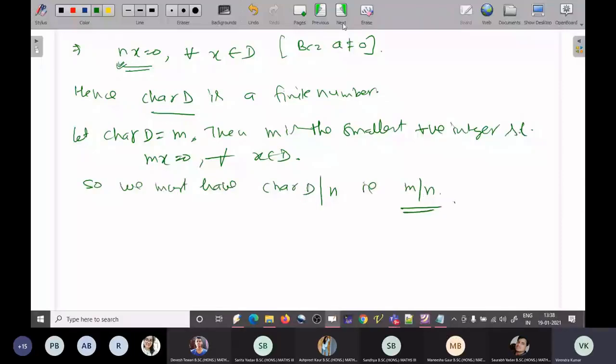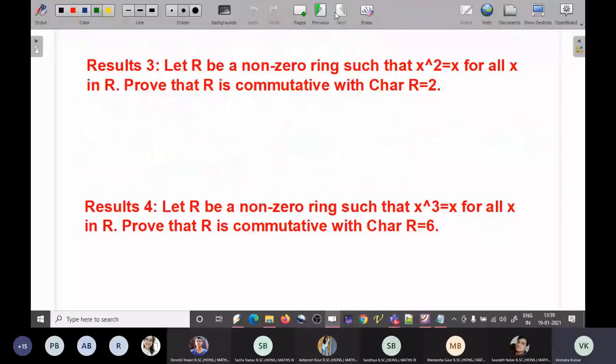Okay, let us see some more results. There are two more results in relation with this. They are: let R be a non-zero ring such that x square equals x for all x in the ring, then R is commutative with characteristic 2.